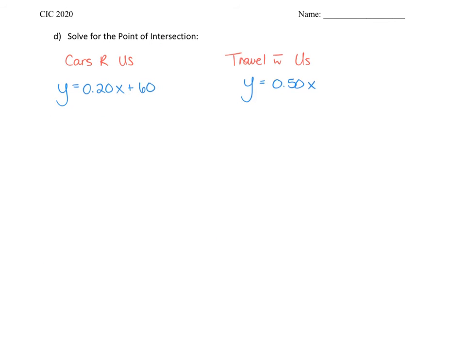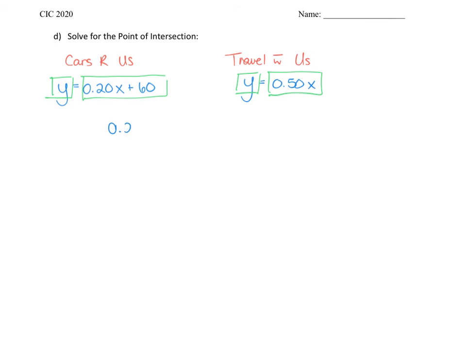Okay, so here's a reminder of the equations that we created based on the words. And one thing I just want to show you is that both of these things equal y, equal the cost. So really, what I'm asking is when does this one equal this one? When are they the same, right? When does this equal this. Okay, so watch as I write it.